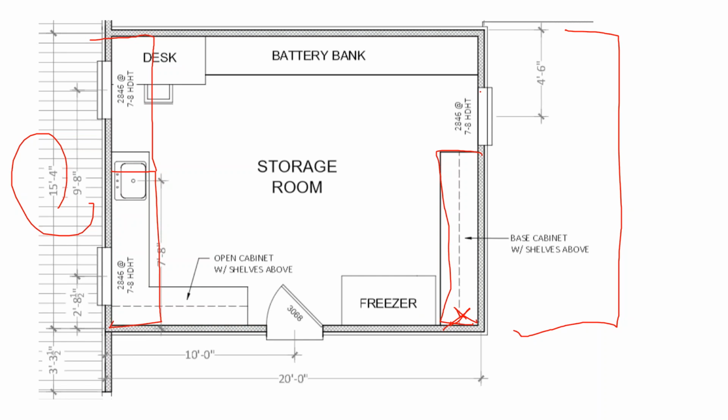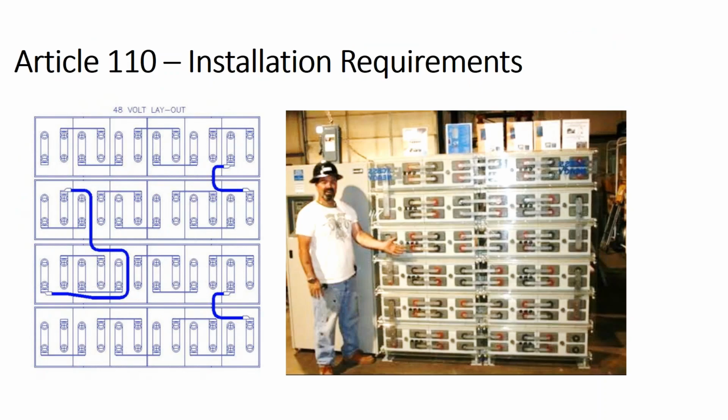So to redesign this battery room and keep it code compliant, we ended up removing this door and just having one door to the room, and then shifting the batteries over and putting the inverter system along this line and catty cornering the wire run between the two. So it can just surprise you at how much space the batteries actually do take up.